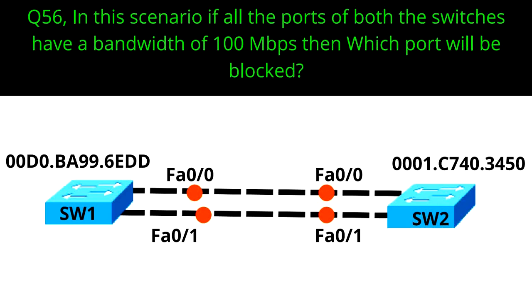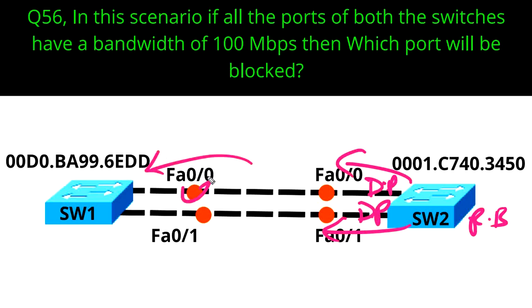This is my root bridge switch, switch number 2. So this switch will transmit superior BPDU from this interface and from this interface. That's the reason why this interface will become DP and this interface will become DP. On this interface, switch 1 will receive the superior BPDU, so that's the reason why this interface will become RP and this interface will be blocked.